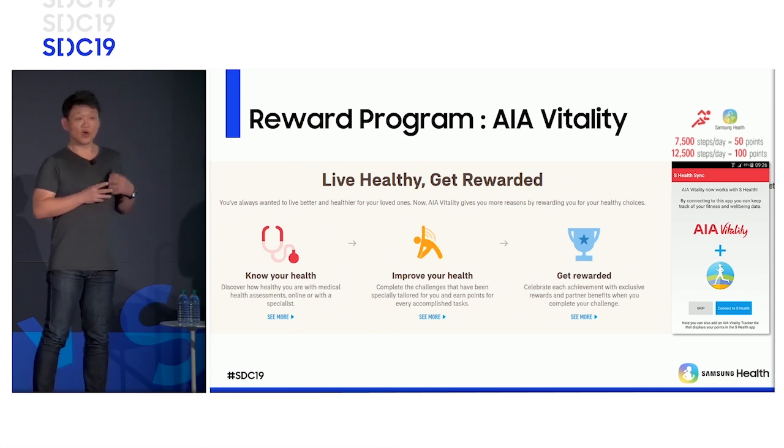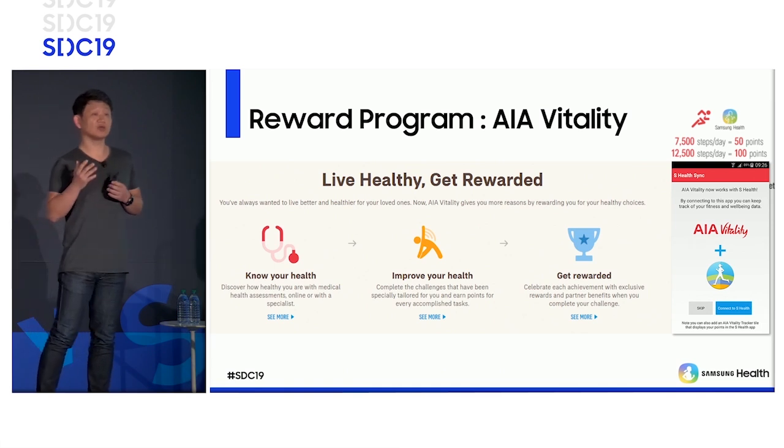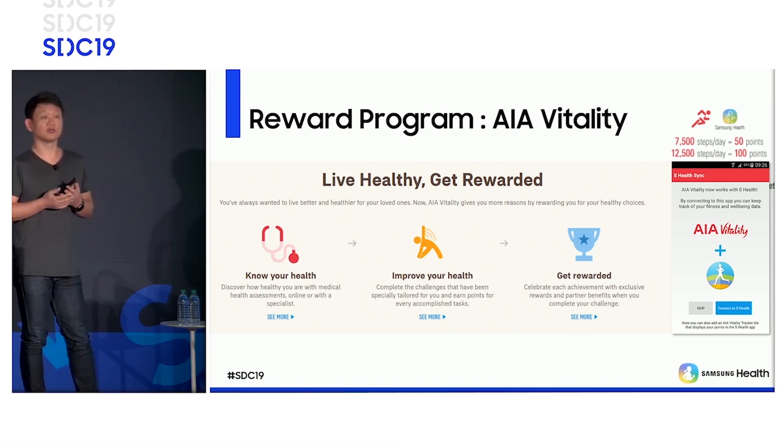The AIA Vitality wellness program tries to improve users' risk factors, for example physical inactivity and unhealthy diet. It allows users to measure how healthy they are by recording the information on the device. At this point, we work with AIA Vitality. We are providing Samsung Health data to AIA Vitality.